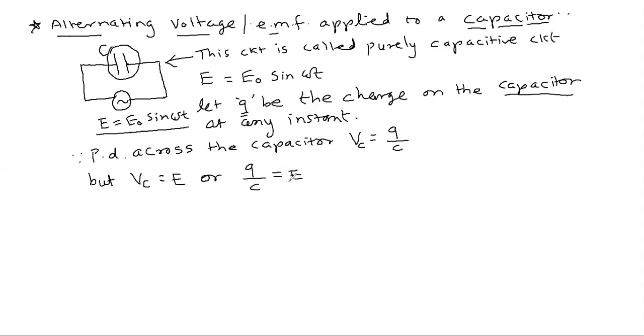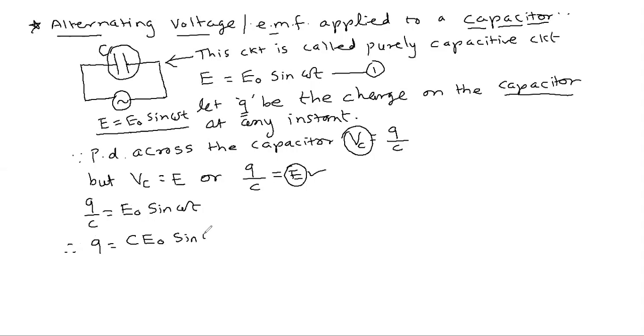You have to put the value of V C as E, and substitute equation 1, that means the value of E, in this equation. Therefore I can write Q by C is equal to E naught sine of omega t. So Q is equal to C into E naught sine of omega t. You know the definition of the current, that is I is equal to dq by dt.